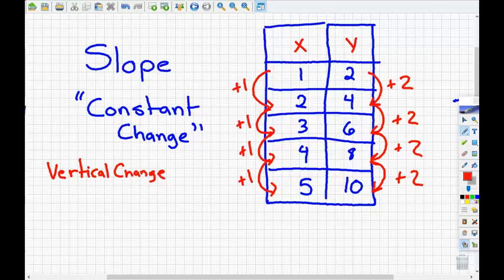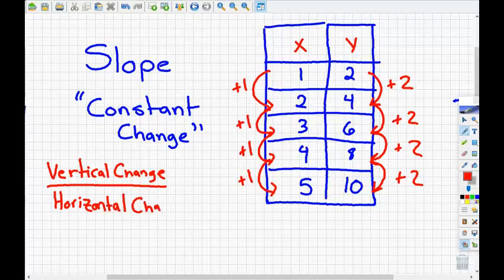Slope can be defined on a graph as the vertical change over the horizontal change from any 2 points that are on a line. So if I choose 2 points that are on a line, I can find the slope by saying what is the vertical change divided by what is the horizontal change.